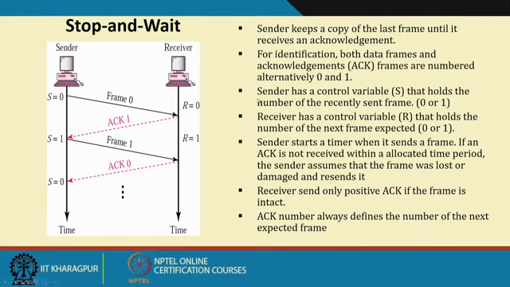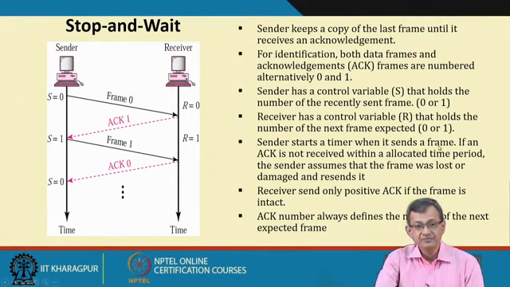The sender has a control variable S and holds the number of the recently sent frame, 0 or 1, right. So, the control variable takes care of this. The receiver has a control variable R and holds the number of the next frame expected, 0 or 1, right. The sender starts a timer when it sends the frame.